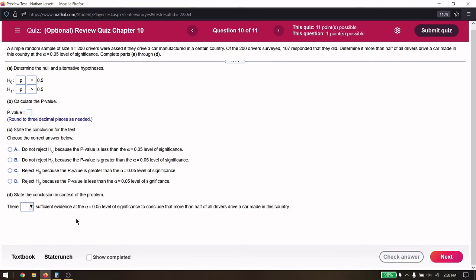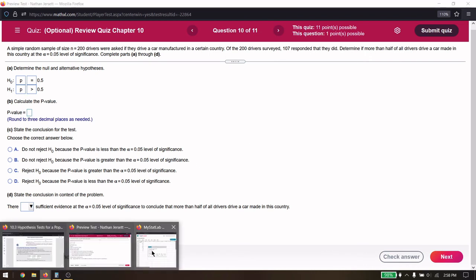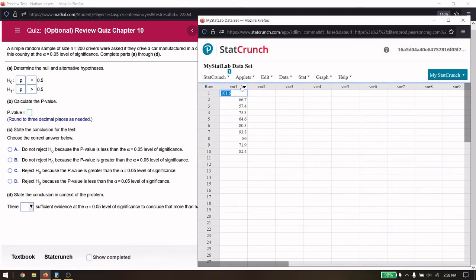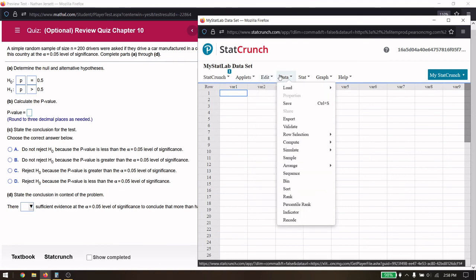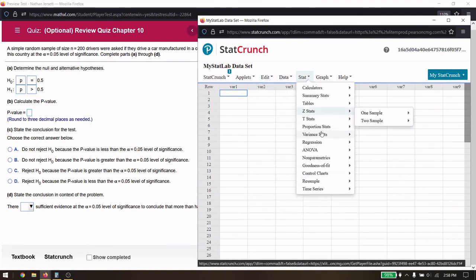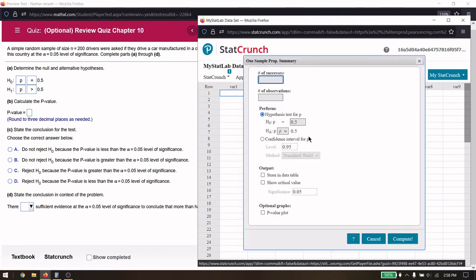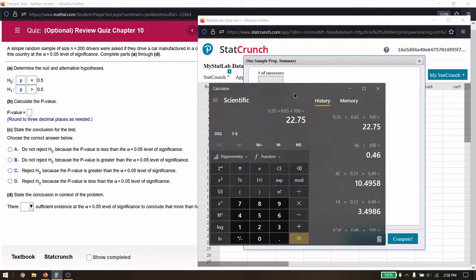Okay, the p-value, let's see, it doesn't really matter. We can just delete this column. Go to data, this is going to be with summary. I guess we should really check that it's random.